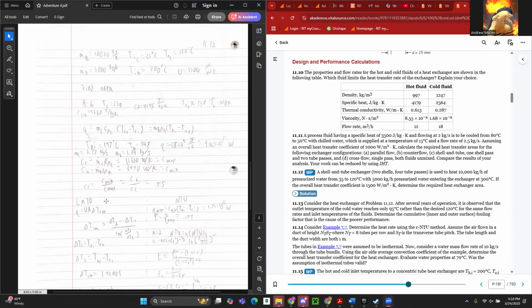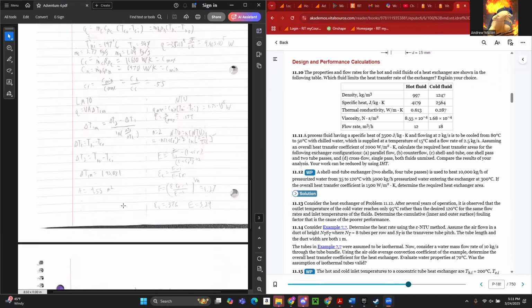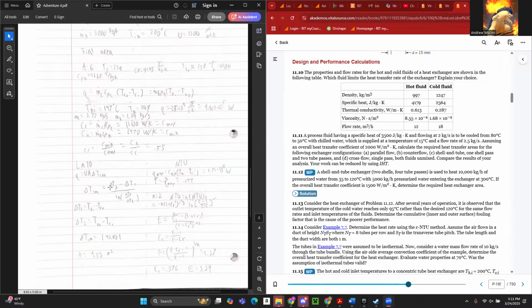Normally, the log mean temperature difference is supposed to have a correction factor in the cases where you have more complicated flows than counterflow. This changes it only slightly. If I had included the correction factor, I'd probably get something a bit closer to the actual surface area than I did.